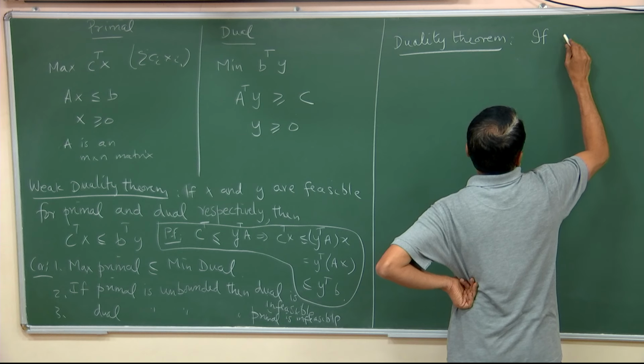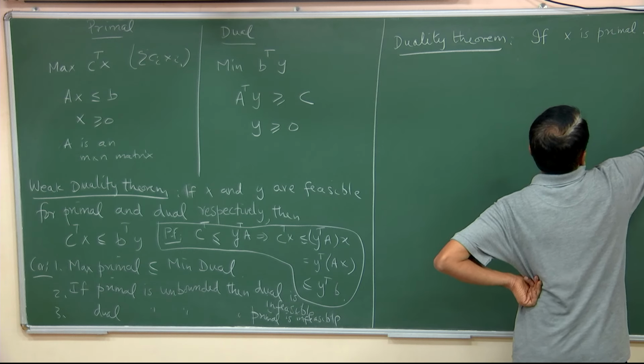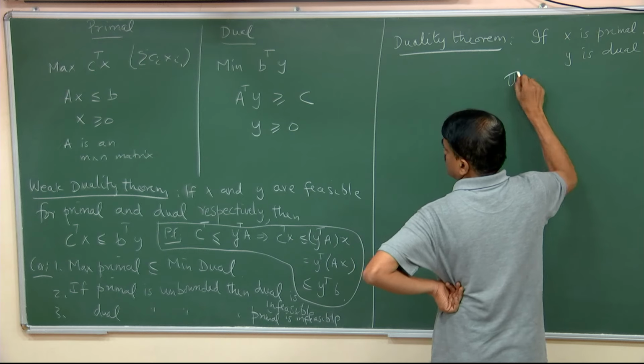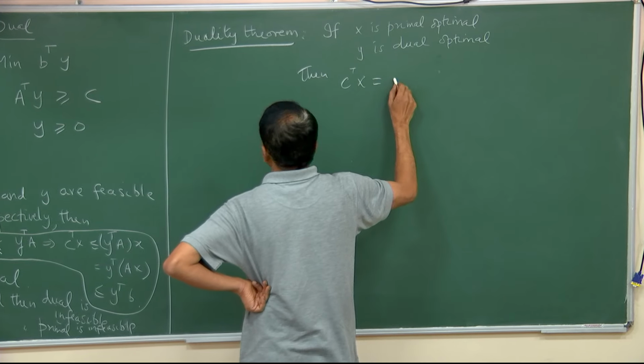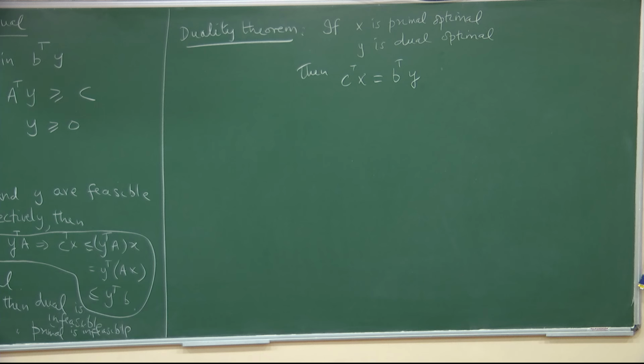says that if X is primal optimal and Y is dual optimal and both are bounded, then C transpose X is actually equal to B transpose Y. Okay, and let's see, I'm saying these two are equal, which means that this quantity is equal and this quantity is equal at the optimal, right?